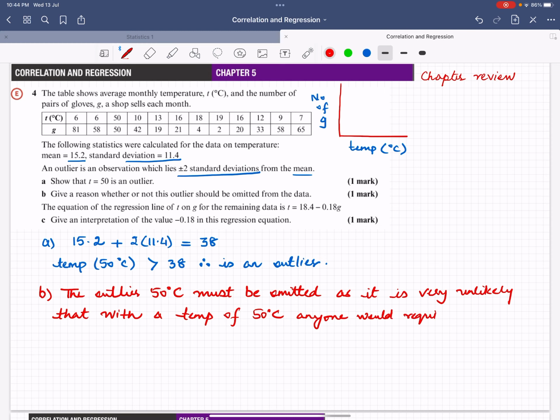So clearly this is an anomaly or an incorrect data entry. That answers part B.